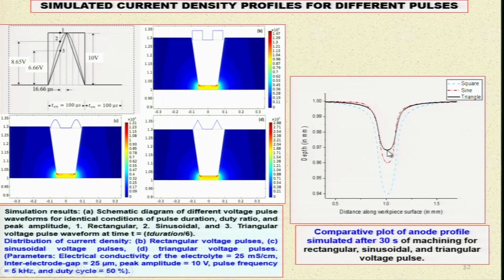All the 3 are giving different depths of the dimples or whatever feature you are creating, and different overcuts also. So, comparative plot of anode profile simulated after 30 seconds. These are the simulated results, please note it carefully, of machining for rectangular, sinusoidal and triangular voltage pulses. So, you can see that.